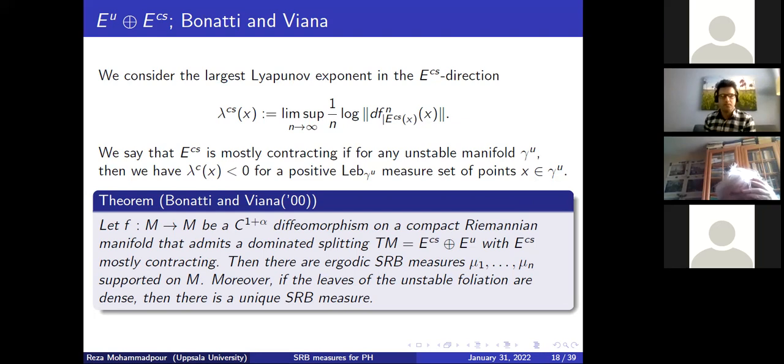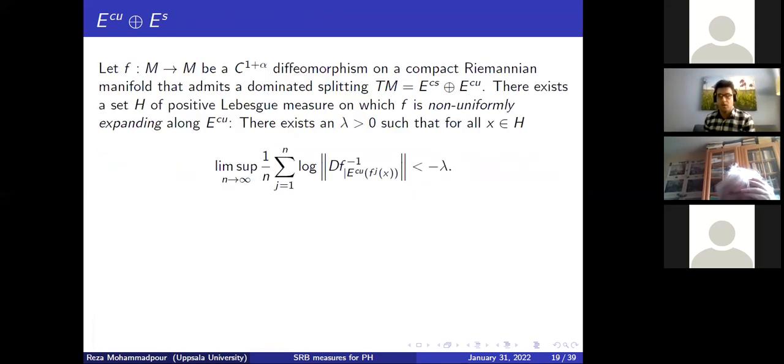Okay, let's discuss the dual case, which is much more difficult than the last one. Again, the reason it is difficult is because here you don't have uniform expansion, you just have uniform contraction. Let f be a C^1+ diffeomorphism on a compact Riemannian manifold that admits a dominated splitting like this.